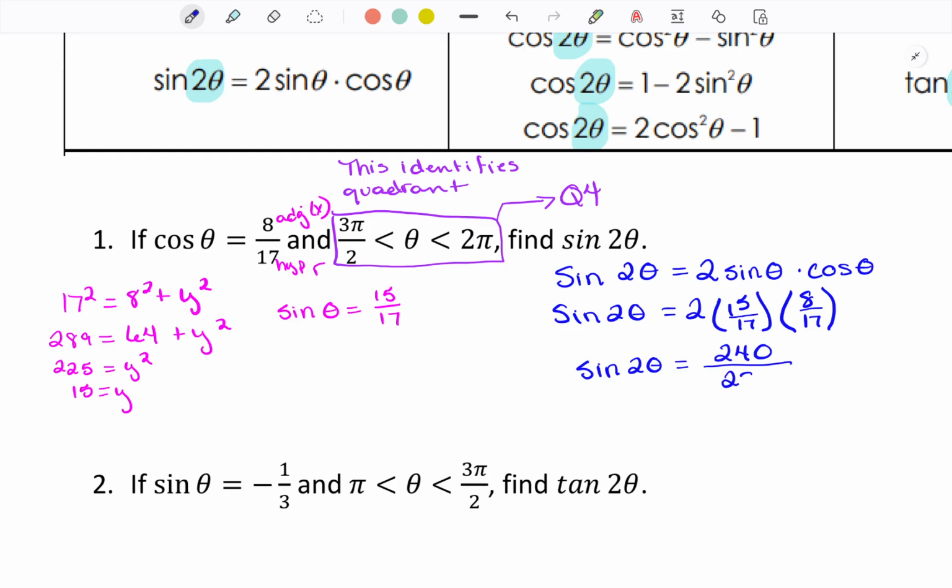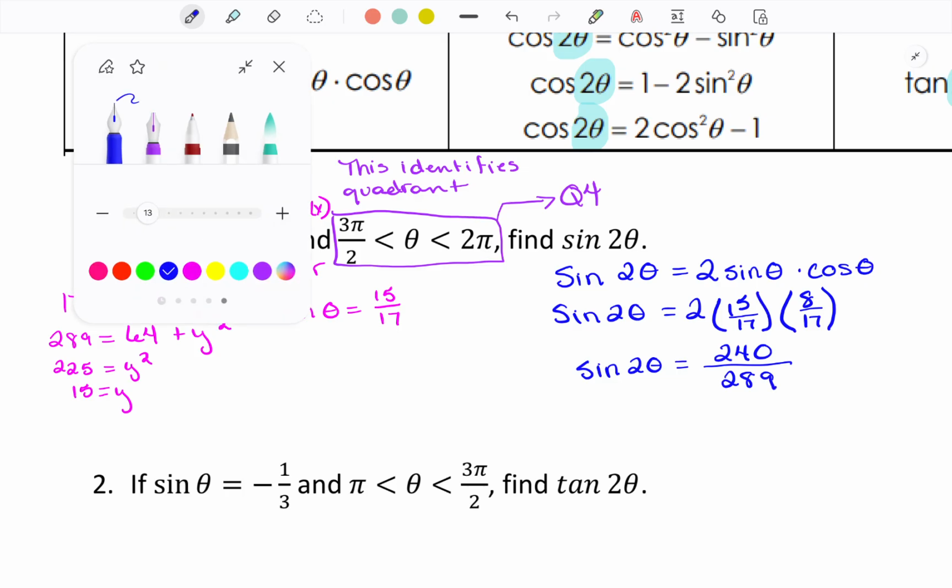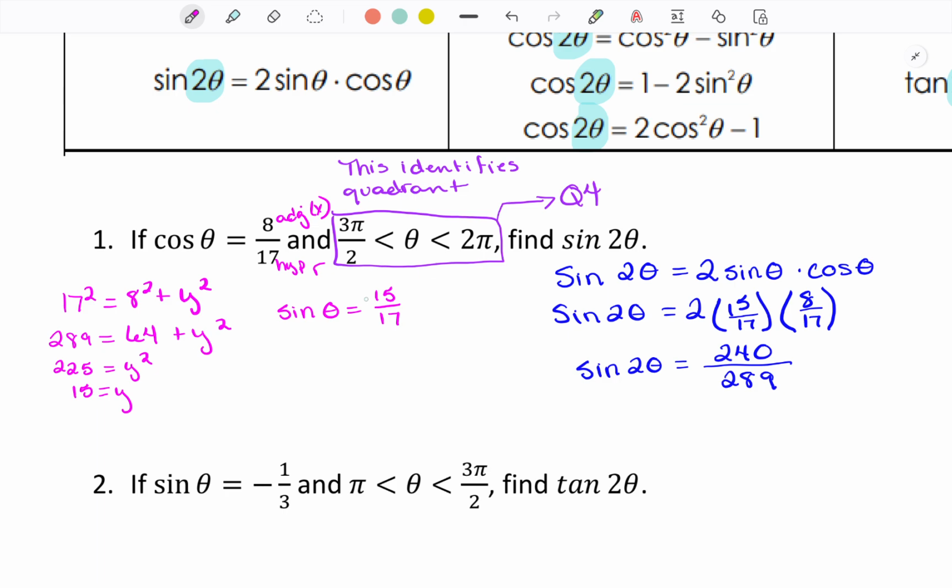over 289. Now, since we are in quadrant 4, there's one thing that when I made that sine value, I did not do. Sine is negative here since we are in quadrant 4.